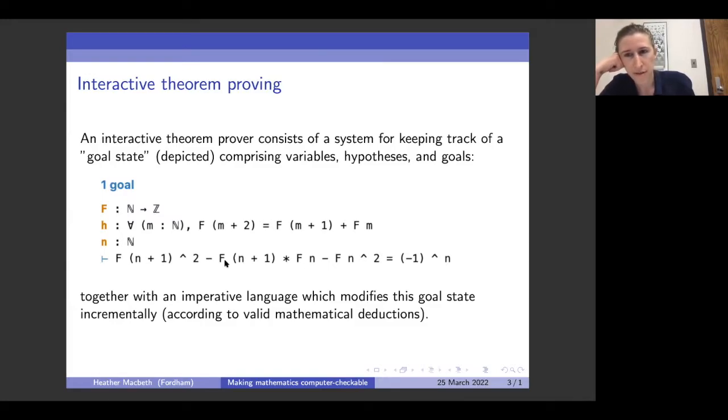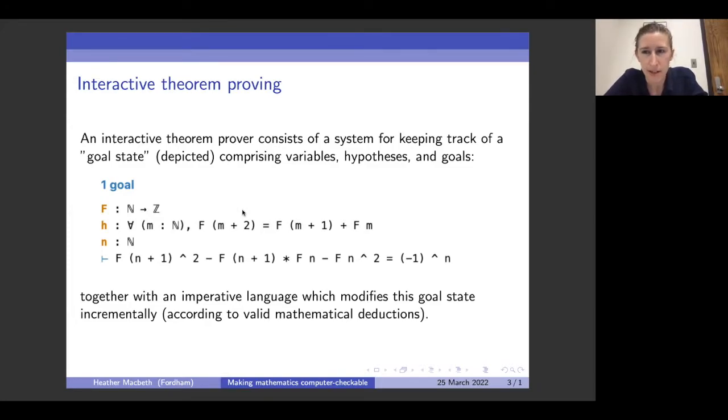And an interactive theorem prover is a system that manipulates objects like this called a goal state, and moves you from one goal state to another goal state to another by means of a programming language which lets you give instructions, and each instruction you give is a valid mathematical deduction that turns you from one set of hypotheses and goal into the next by perhaps applying a known theorem to modify the goal to some other kind of goal, or perhaps to deduce something from one of the hypotheses you have, or any number of other things.